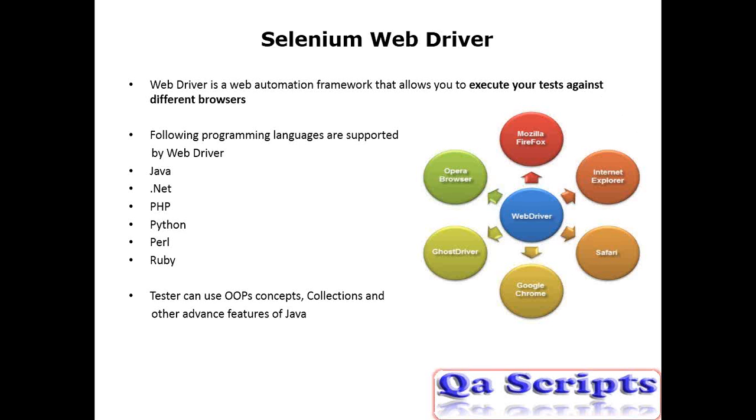Now let us try to understand how we can download Selenium WebDriver and how we can configure it to Eclipse. To install or download Selenium WebDriver, we need to launch the Firefox browser.